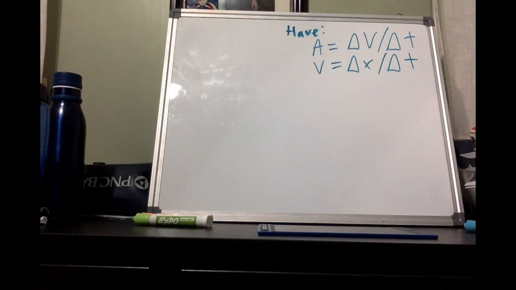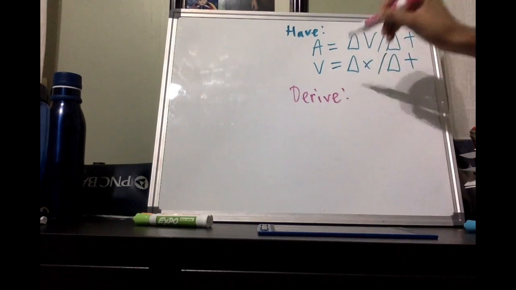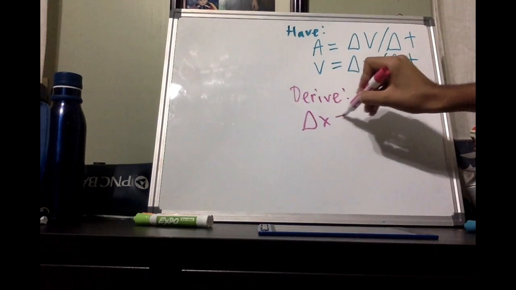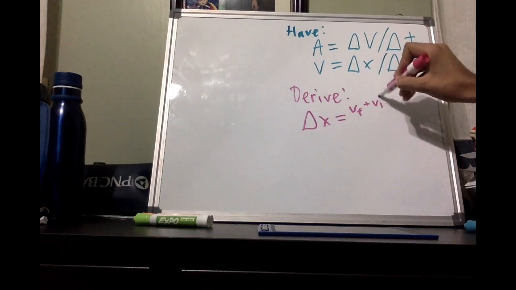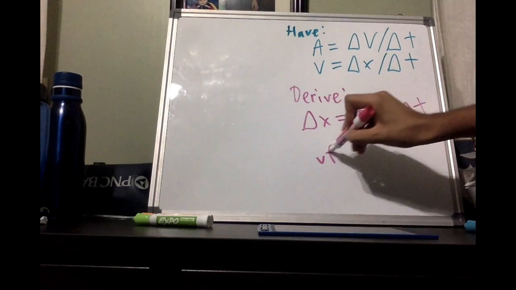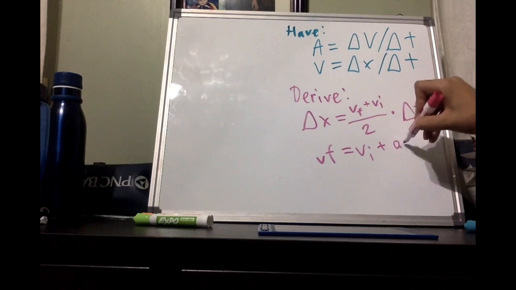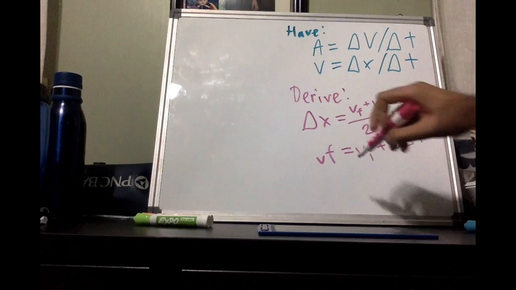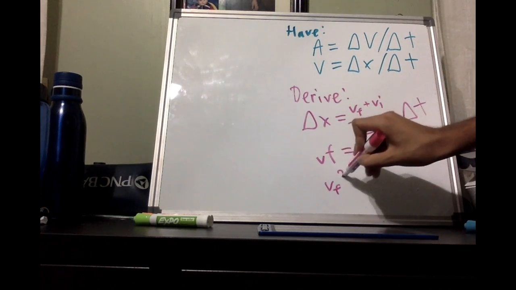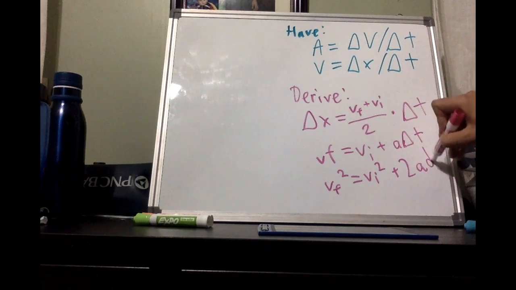Alright, let's first start with the equations that we have. We have acceleration, and we have velocity. The ones that we're going to derive are change in displacement, final velocity, and an equation that does not include the variable for time.